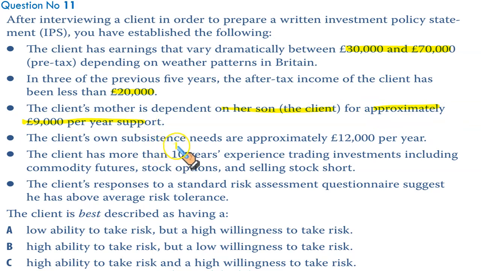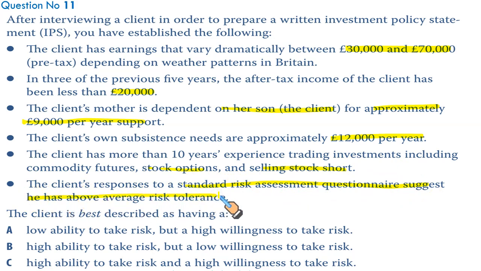The client's own subsistence needs are approximately 12,000, which leaves him with very low availability of funds. The client has more than 10 years experience trading investments, including commodity futures, stock options, and selling stock short. The client's response to the standard risk assessment questionnaire suggests that he has above average risk tolerance.